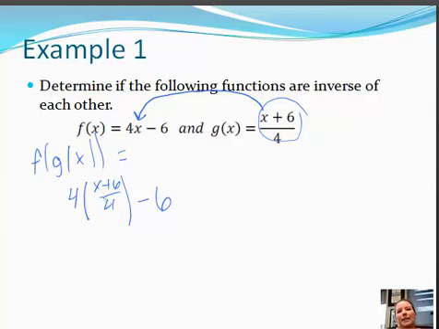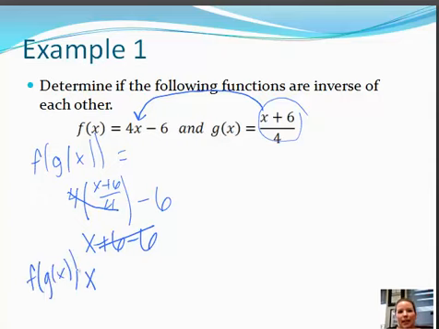Now, if I simplify this down and it equals x, that means that my two initial equations are inverses of each other. So to do this, the 4's would cancel out, so I'd be left with x plus 6 minus 6. The 6's would cancel out, so I'm left with x. So that means that f of g of x is equal to x, so yes, they are inverses of each other.